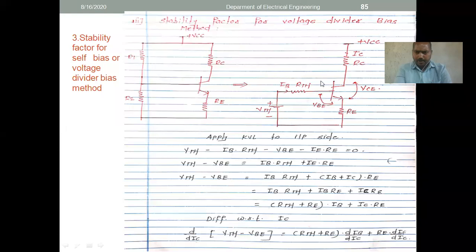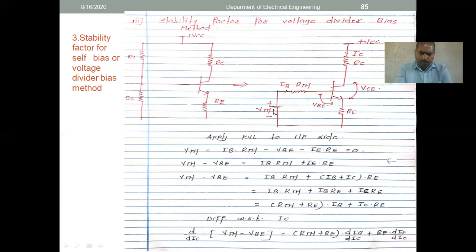The input side starts with VTH, goes through IB RTH, to VB, then RE. This is the input side. And this is ICRC, VCE, IE RE. This is the output side. So for this purpose, we apply KVL at the input side.